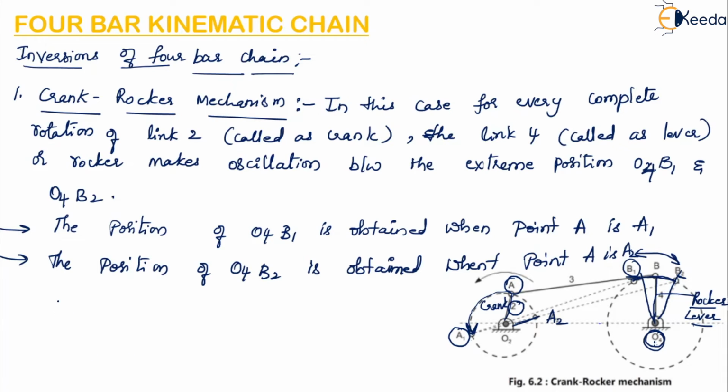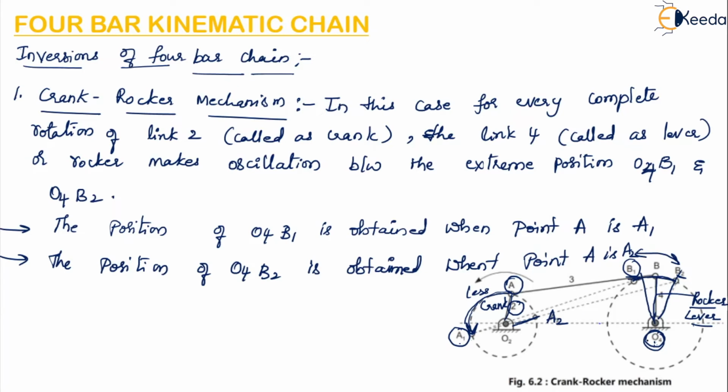So we can observe that the crank angles for the two strokes, that is forward and backward, of the oscillating link O4B are not the same. When A is at A1, the rocker is at O4 B1, and here the angle is a little less.